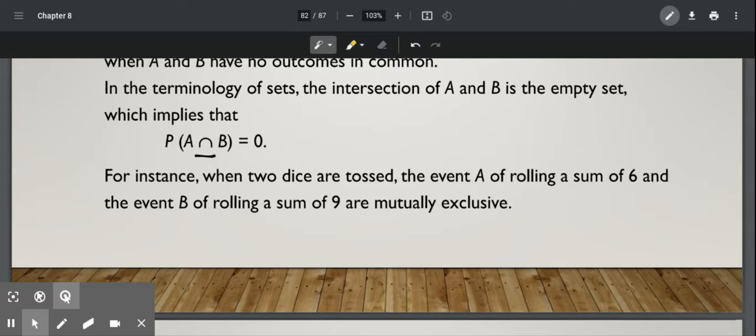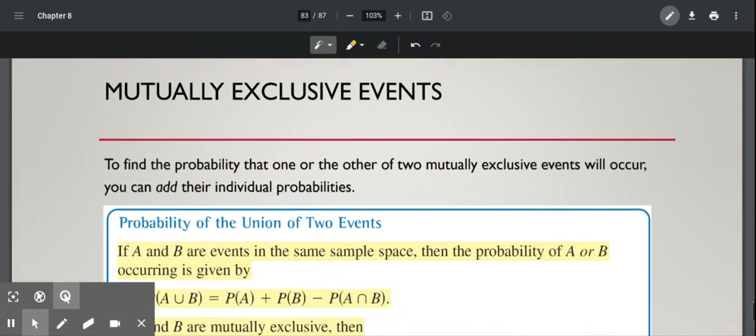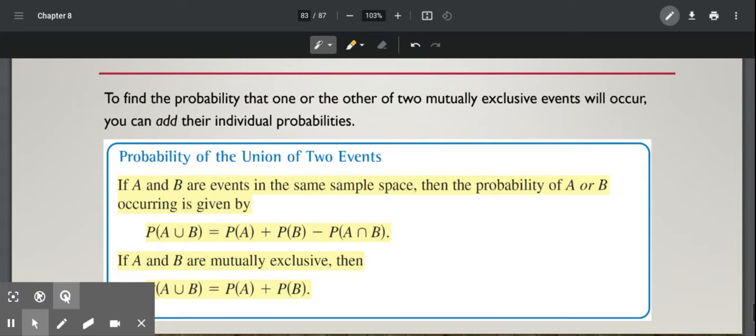Because when you roll a 6, that doesn't affect whether you would roll a 9 in another roll. So to find the probability that one or the other of two mutually exclusive events will occur, you add their individual probabilities.